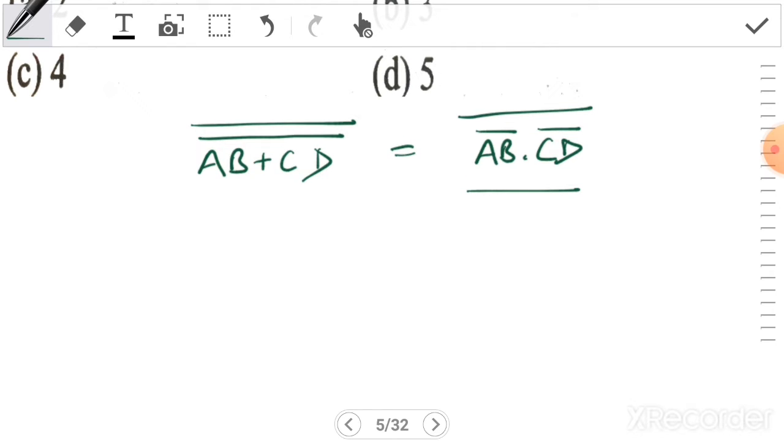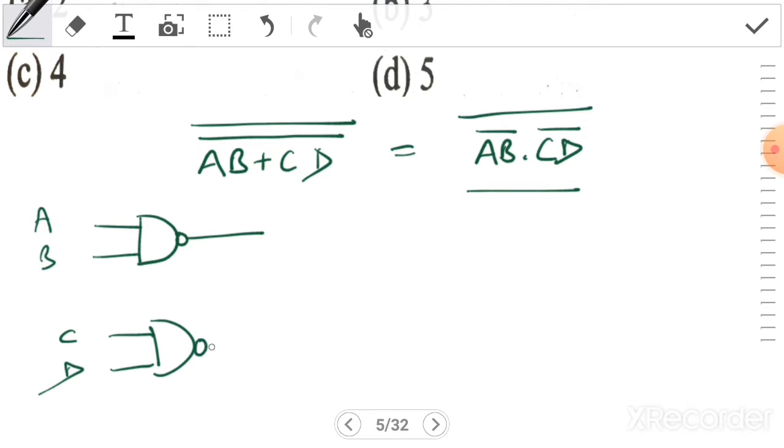So let us show this by drawing the gates. One NAND gate for AB, 2 NAND gates for AB and CD.